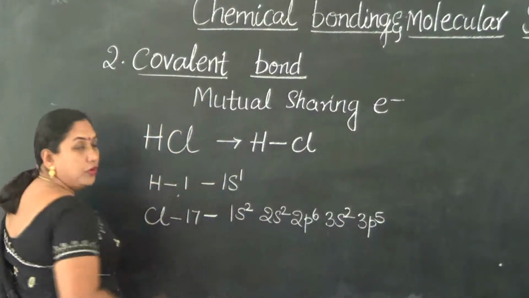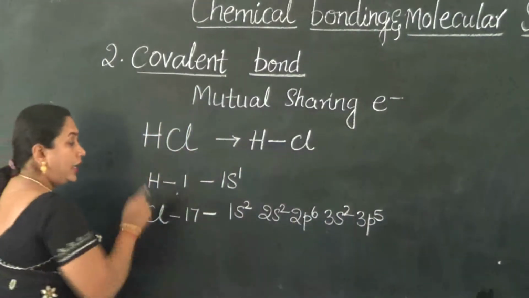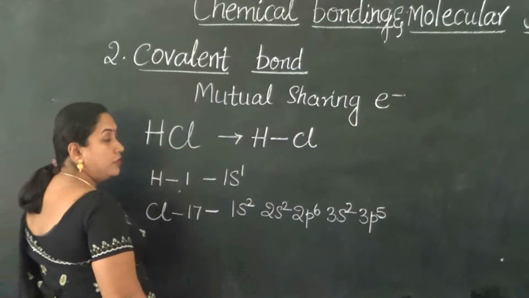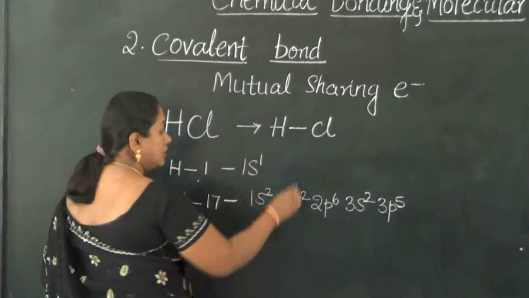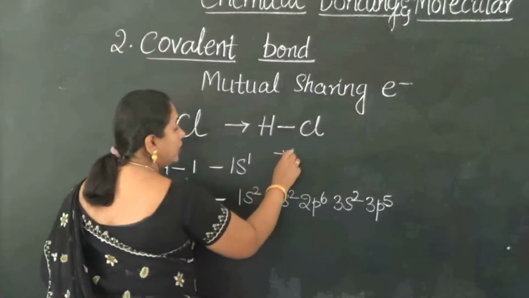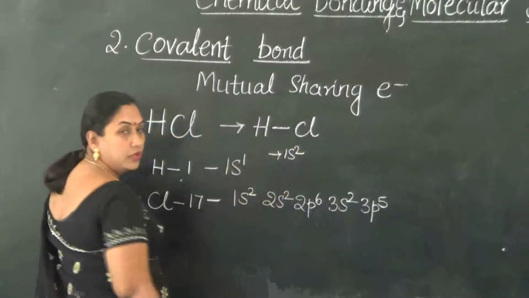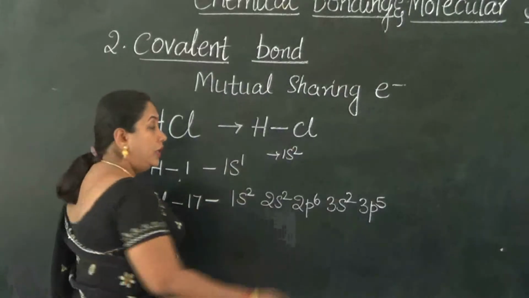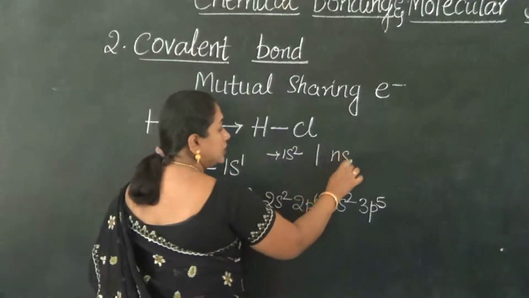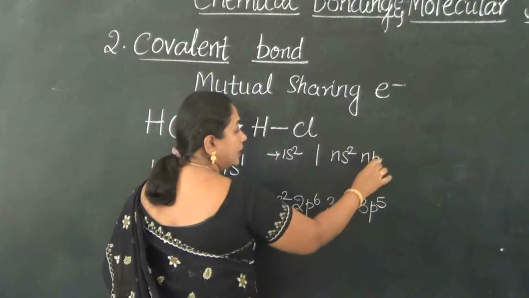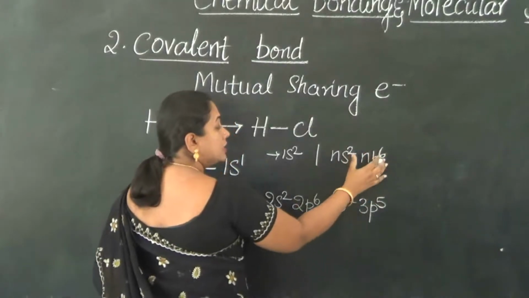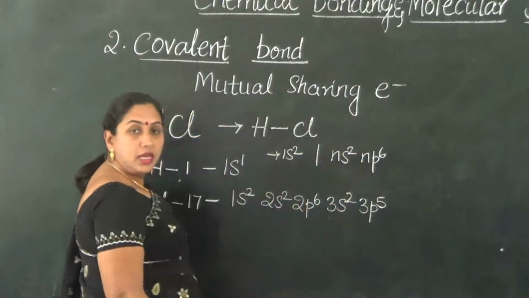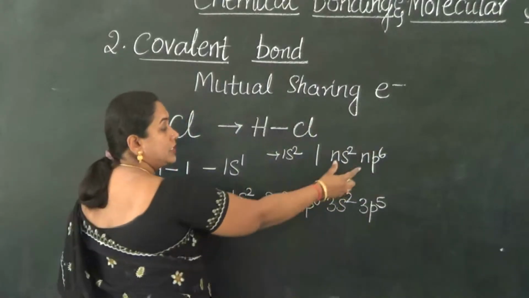Now, with respect to the hydrogen atom, the stable configuration is 1s2. It cannot take up the configuration ns2, np6 because it is a small atom. It cannot accommodate 7 more electrons inside it to achieve this status.